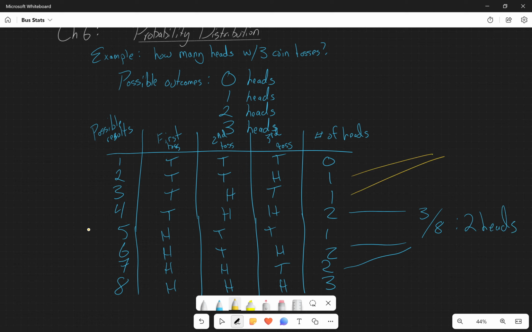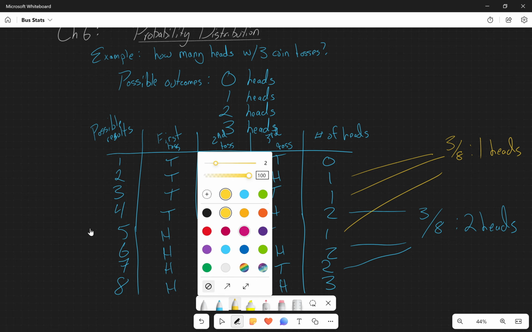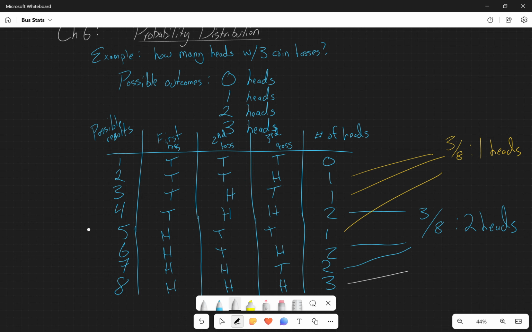We know that 3 out of the 8 are associated with 1 head. We know that 1 out of the 8 is associated with 3 heads. And then we know 1 out of the 8 is associated with 0 heads.